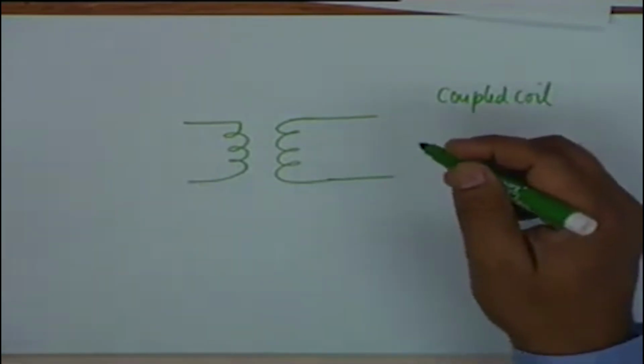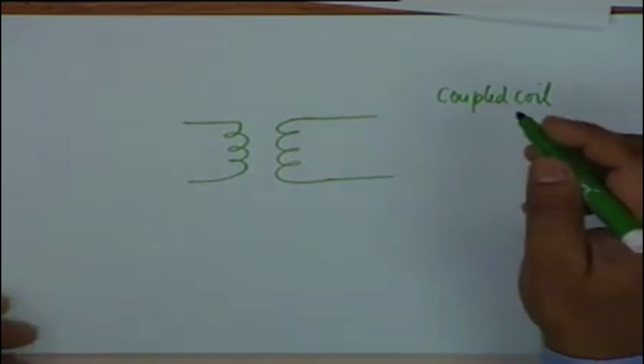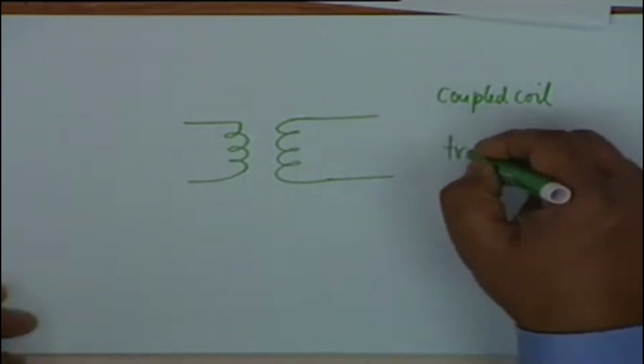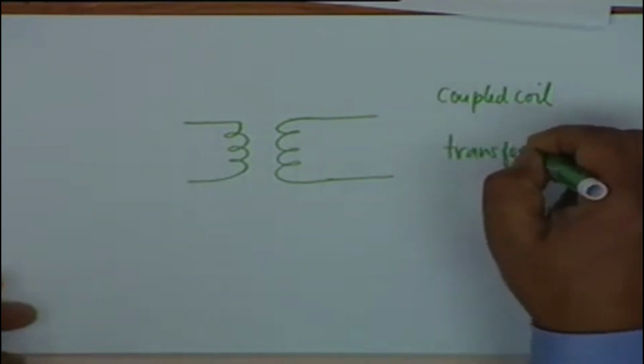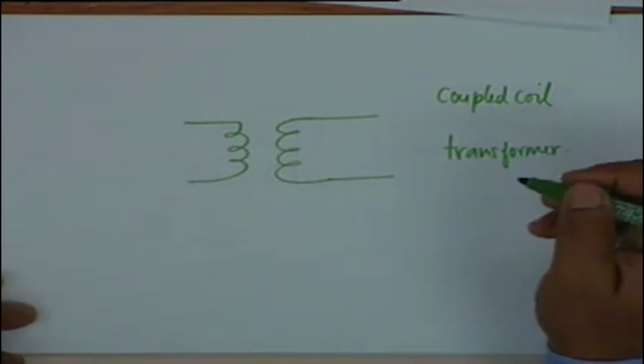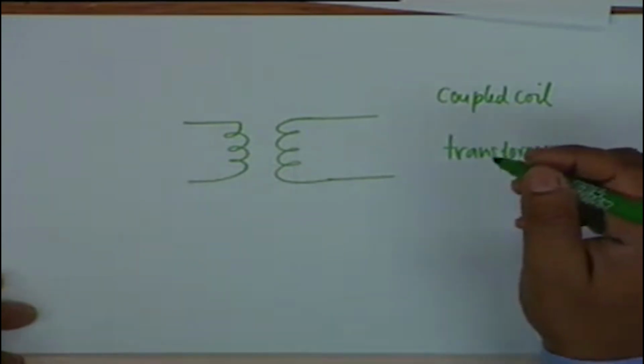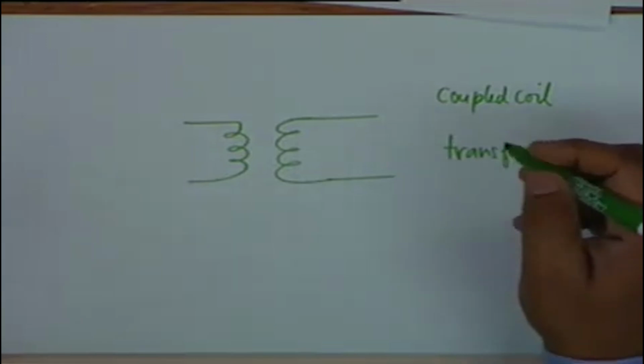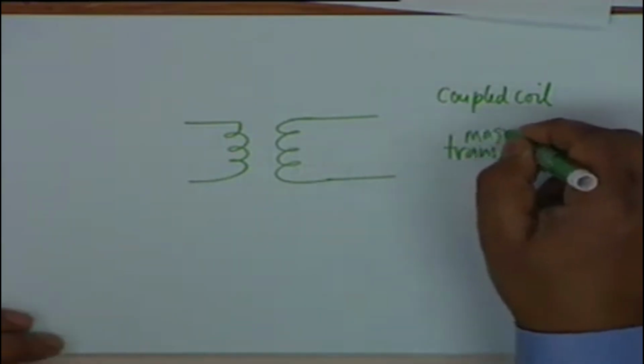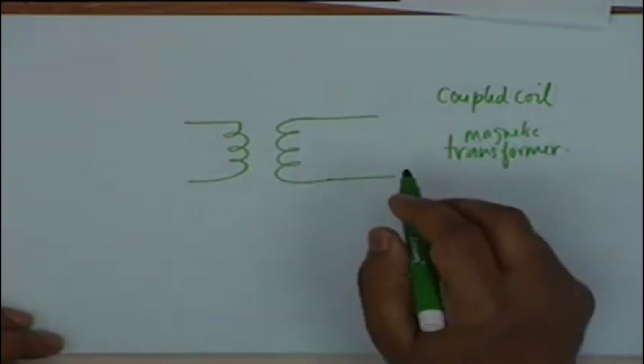At least two coils are needed, coupled to each other, or it is also called simply a transformer. To indicate that the coupling is magnetic, sometimes one says this is a magnetic transformer.